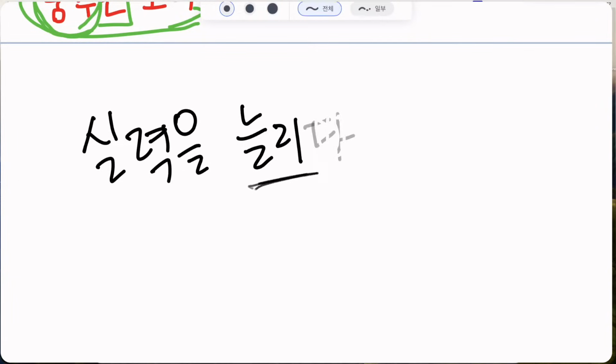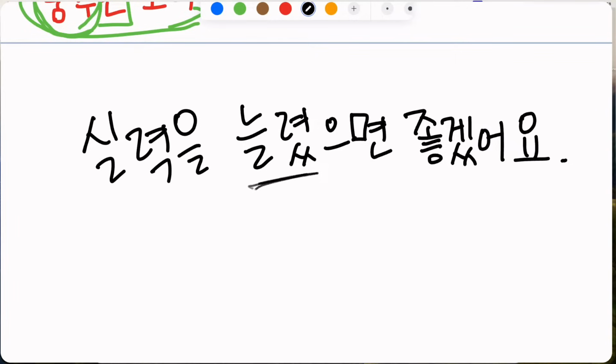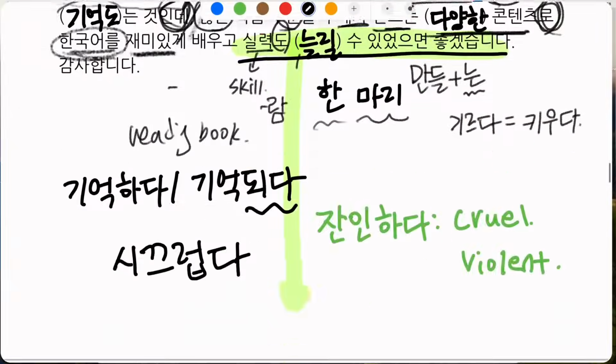So 실력을 basically I combine this 늘리다 verb with 있었으면 좋겠다 that is used for expressing your hopes and wishes. 좋겠습니다. 그래서 I wish people would be able to increase their Korean ability with the various content that I make. So that is my dream, guys. That is the answer to my question that ONC asked earlier. Like, what is your dream? You asked me that. All right, so that was my version.